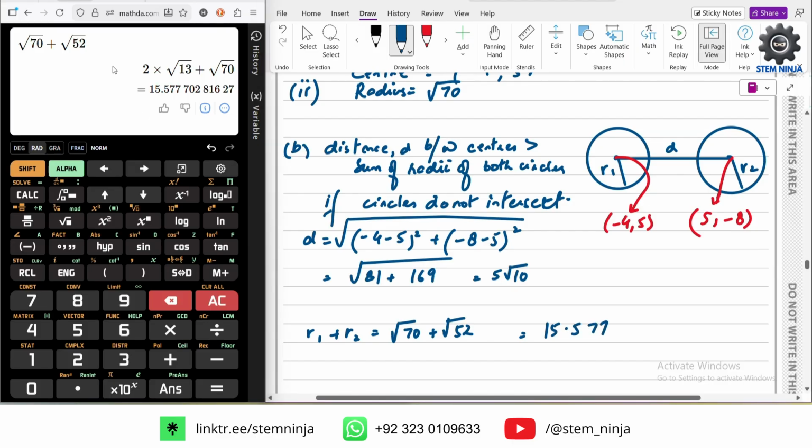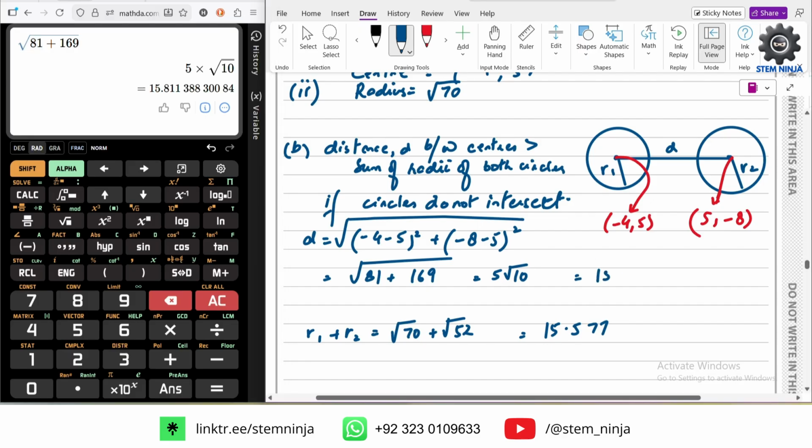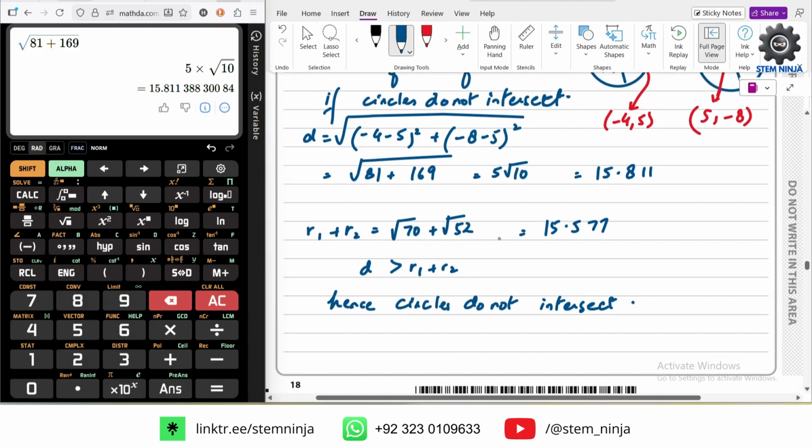What was the previous one? 169. 15.8. Right? So this is definitely greater. So D is greater than the sum of R1 plus R2. Hence, circles do not intersect. Right, okay. Let's move on to the next question.